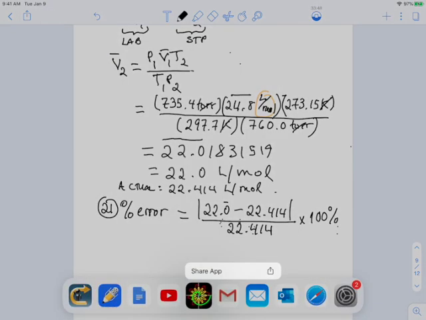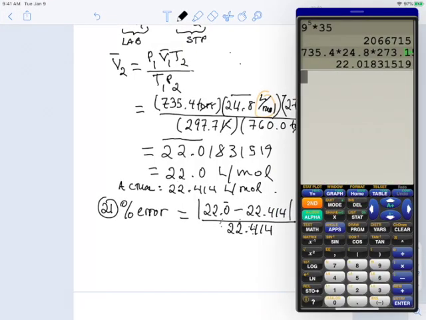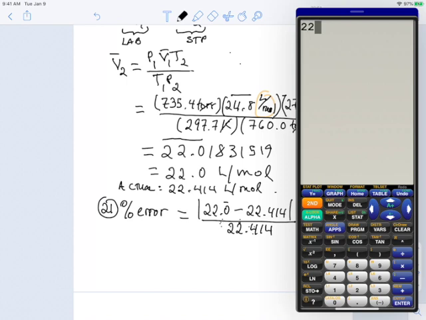Let me bring the calculator again. Okay, let's clear this out. And now I'm going to show it to you. So 22 minus 22.414 equals that. We're going to take the actual positive of that. I'm trying to find out how to change signs here. Where's the change of signs? Can't find it. Anyway, we'll just keep it there.